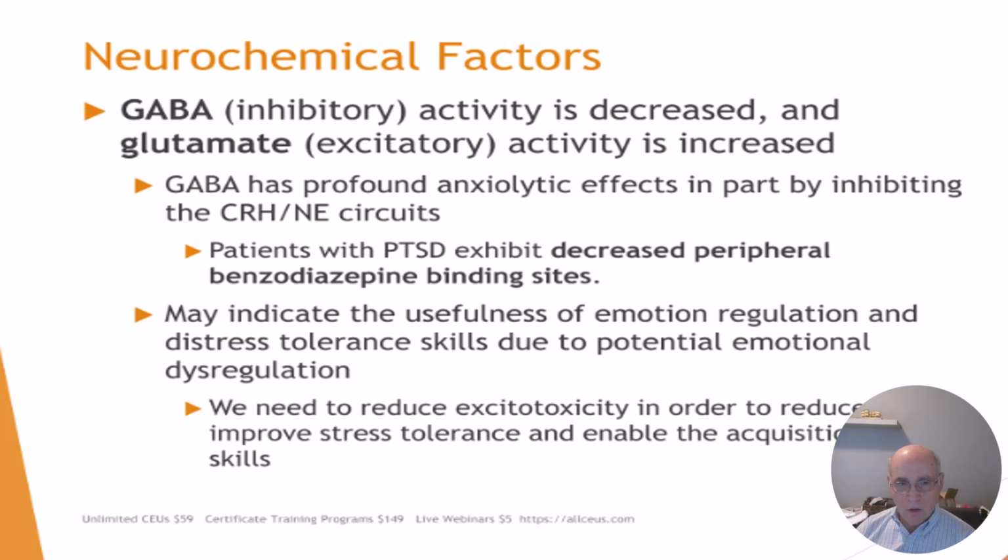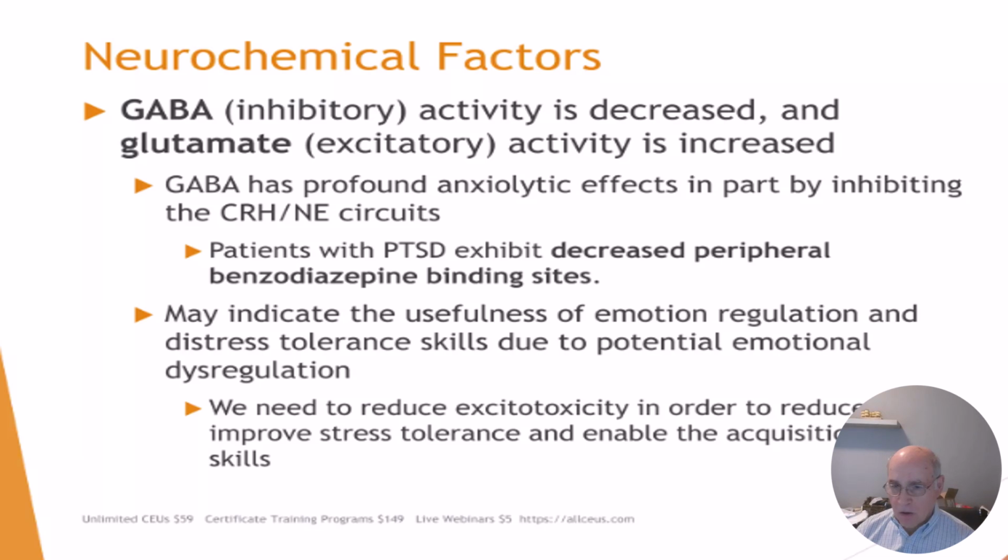I've already said that glutamate is an excitatory neurotransmitter, and GABA is an inhibitory one. So it's almost like cortisol and DHEA, but GABA and glutamate fighting one another. Whoever wins out, that will be the response of neurotransmitters.